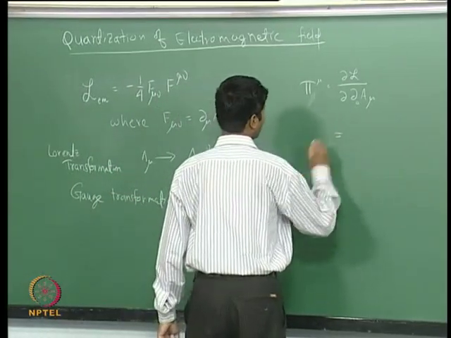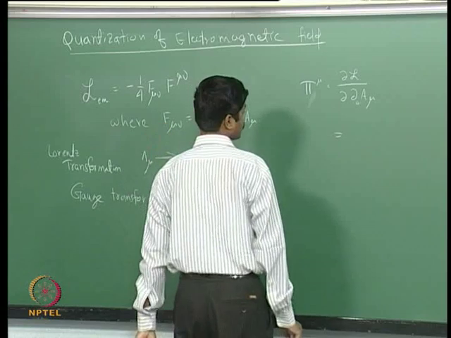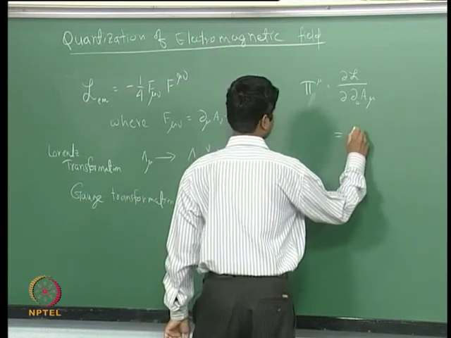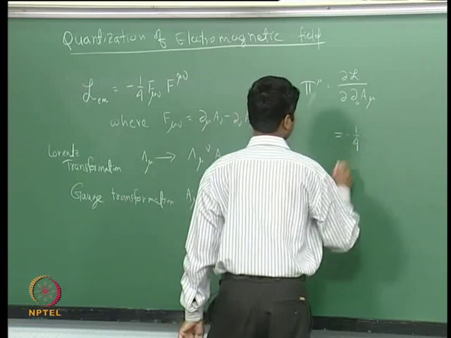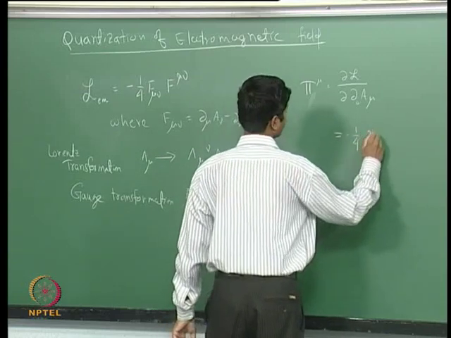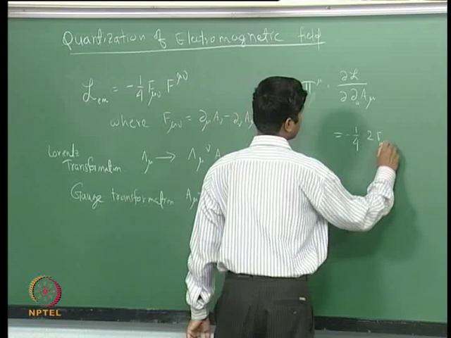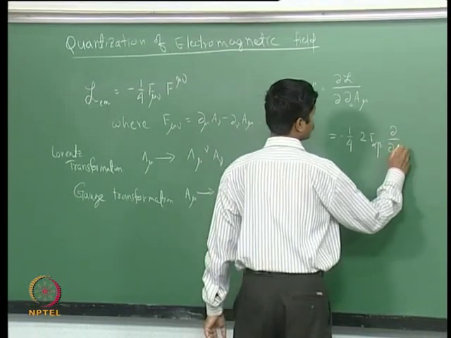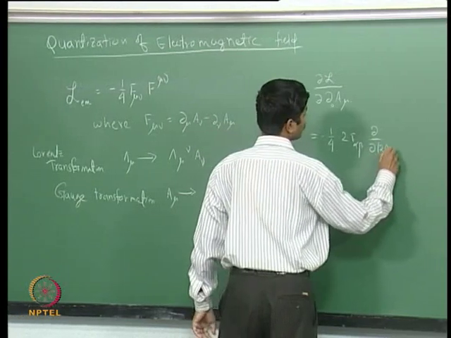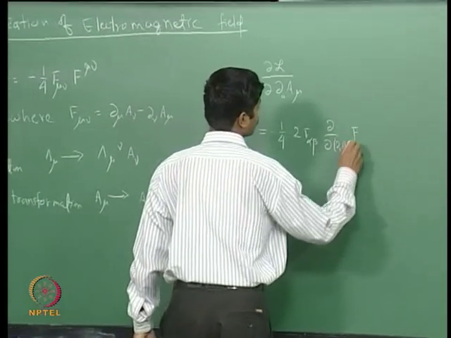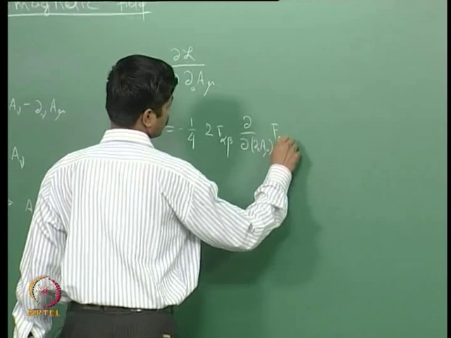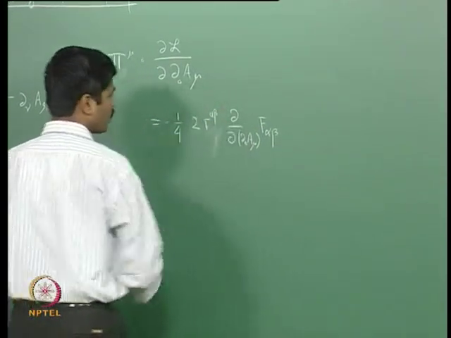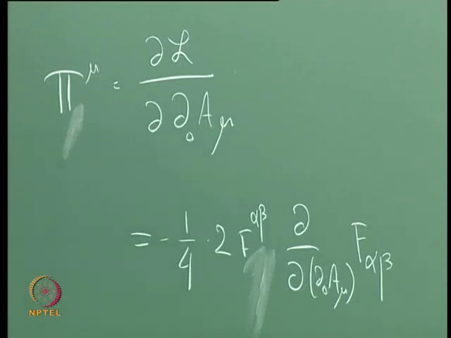From the expression here you can see that it is just minus 1/4 twice F alpha beta del F alpha beta over del of del 0 A mu, right.